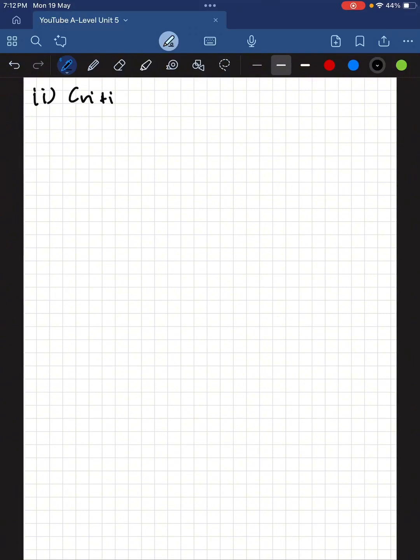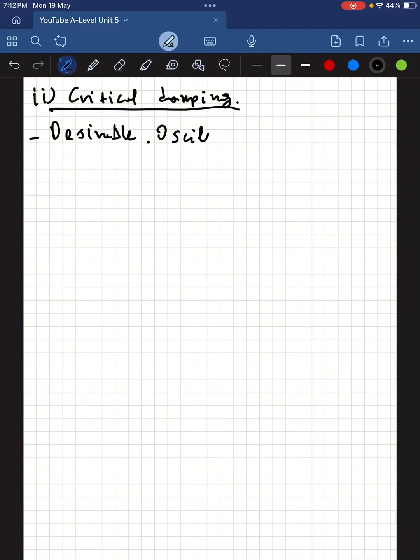I'm gonna try to explain. So the second one is critical damping. So this is desirable, and oscillation dies off fast and exponentially.